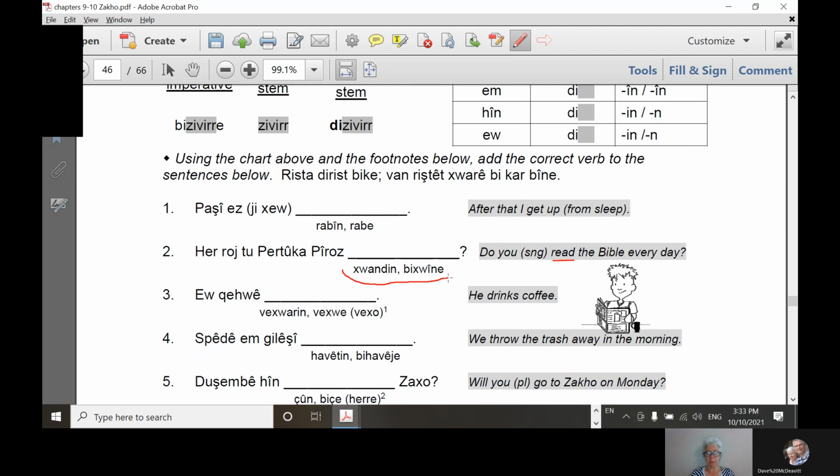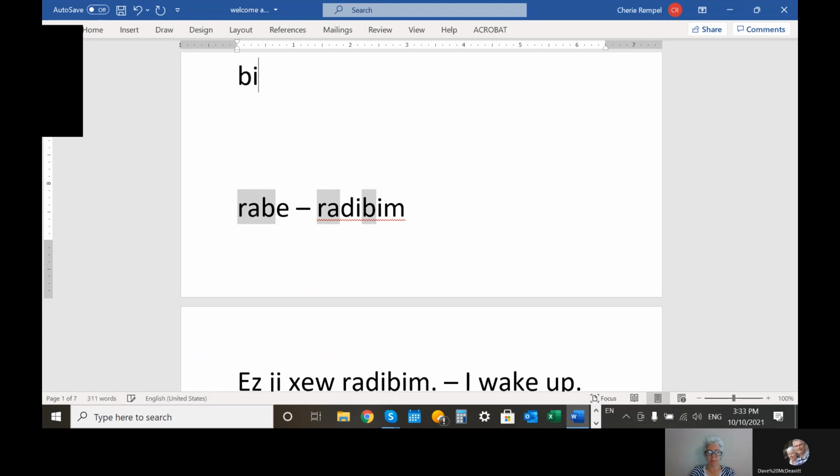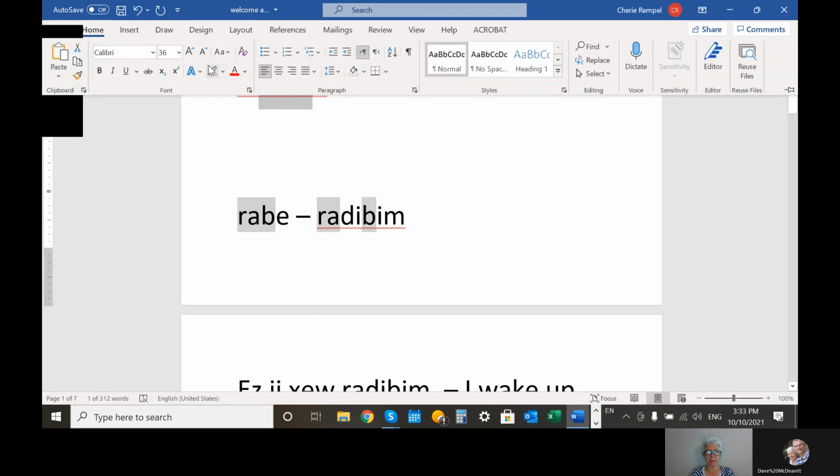But we're only going to work with the imperative. So we're going to get rid of the bi, and we're going to get rid of the ending. So we end up with the stem. This is our present stem.